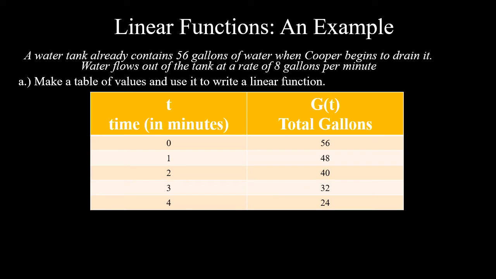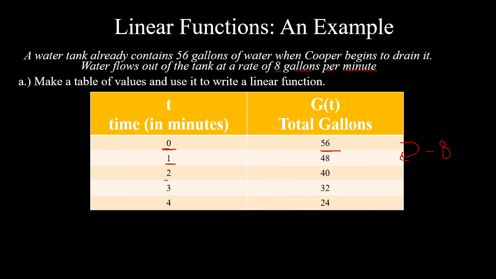So I know that when 0 minutes have gone by, before it starts draining, I have how many gallons, you guys? 56. And how I got the next value was, well, after a minute, I know that the water is flowing out at a rate of 8 gallons per minute. So when 1 minute has gone by, I'm going to lose 8 gallons. So I just did 56 minus 8.